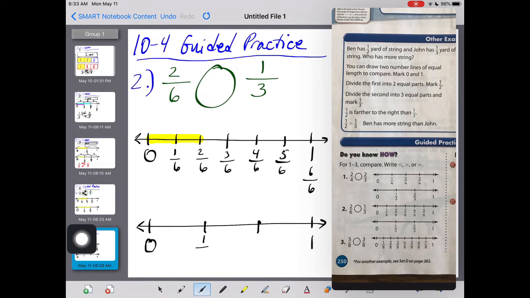All right. So now we go 1 piece, so that's 1/3. 2 pieces, 1, 2, that's 2/3. And then 1, 2, 3, 3/3, or 1 whole. And it's 1/3. Okay.